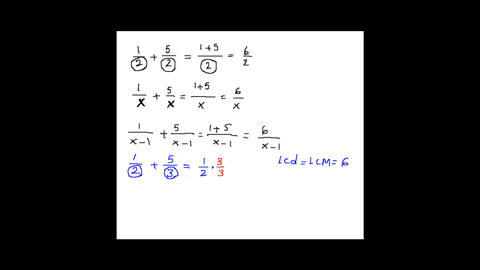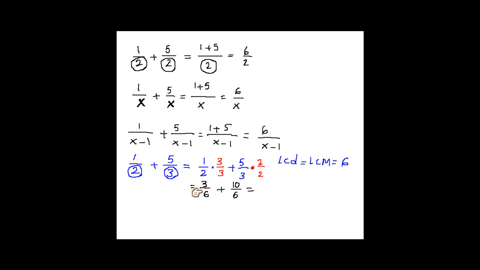And then we have to multiply the second fraction here by a multiple, so we get the same number as 6 at the bottom of the fraction, so we have to multiply by 2/2. So in this case, we would get 3/6 plus 10/6.